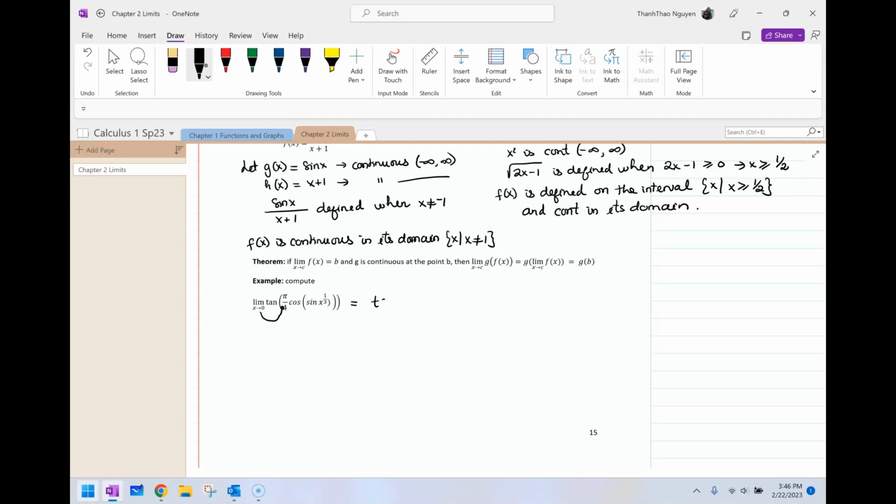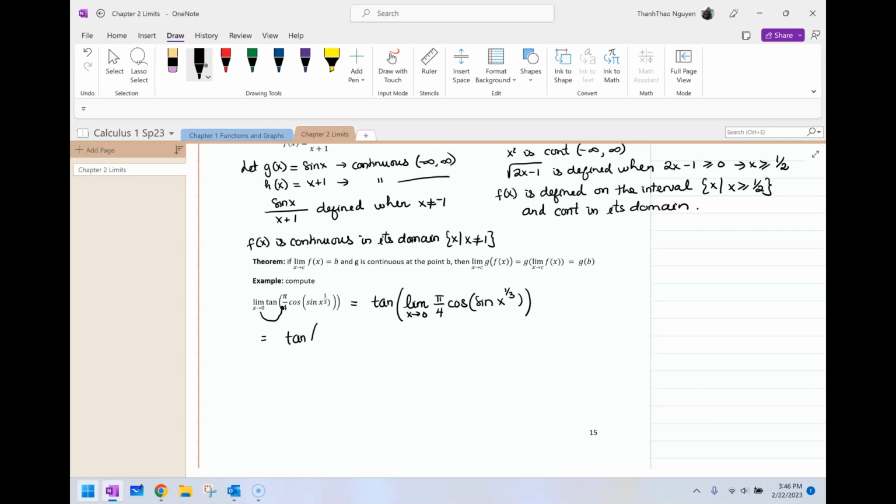Equal to tangent of the limit as x approaches 0 of pi over 4 times cosine of sine of x to the 1/3. Now I can bring the pi over 4 out front by the limit law.